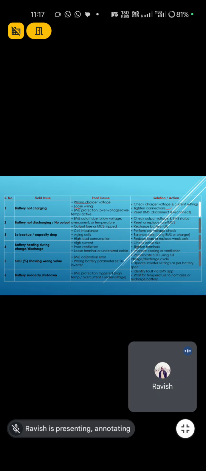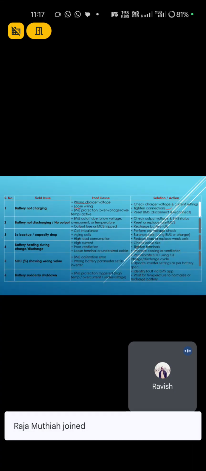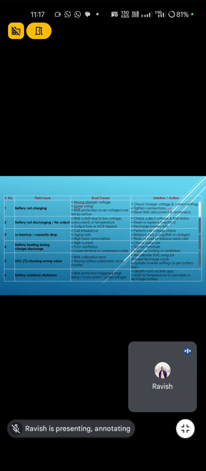Okay, if you have the question for low backup, capacity drop, you have to connect the battery with the application. If there is no facility in your battery to connect the mobile application, you can also check the battery display for a cell imbalance issue.